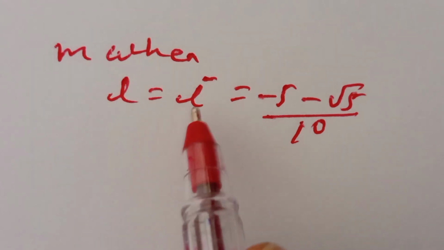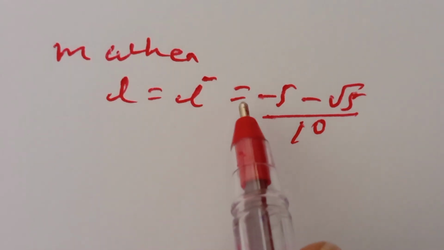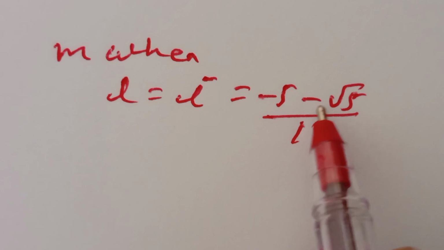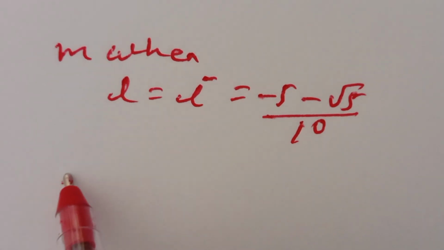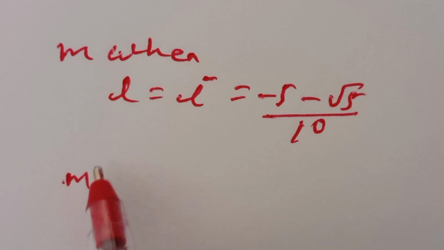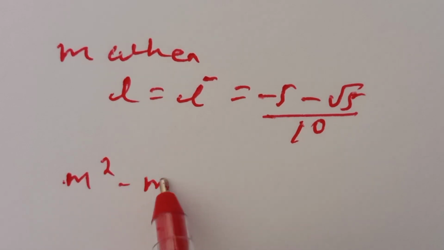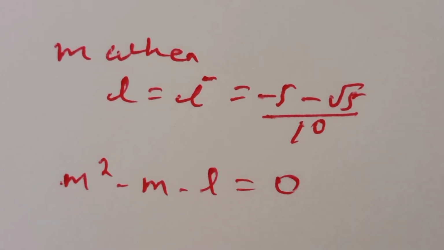Now solve for m when L is equal to negative (5 minus radical 5) over 10. Remember that m squared minus m minus L is equal to 0.